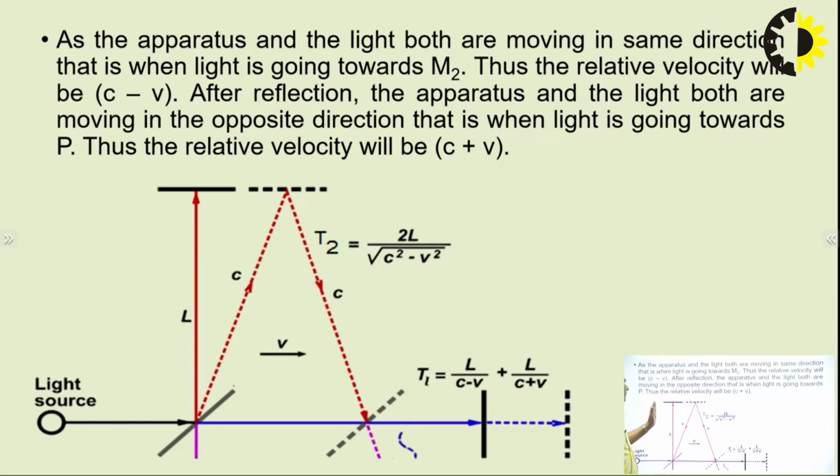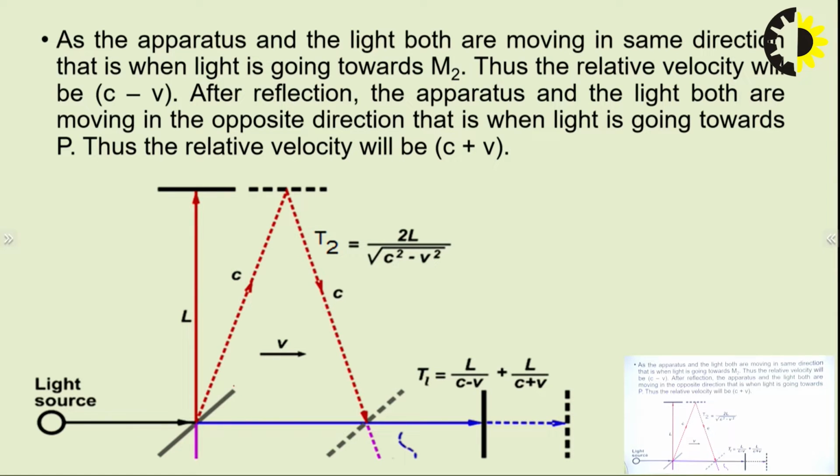So our mirror will shift from its initial position to this position. This is observed by an observer sitting in the stationary ether frame, looking at the Earth frame. He observes that the Earth has moved from left to right, so the whole apparatus of Michelson and Morley will also move from left to right.